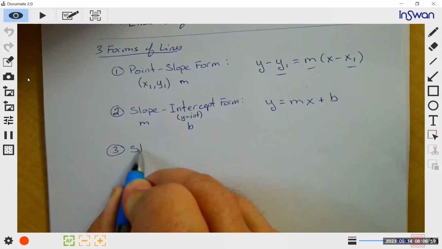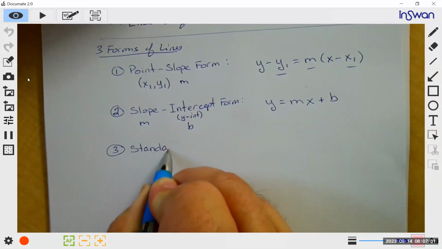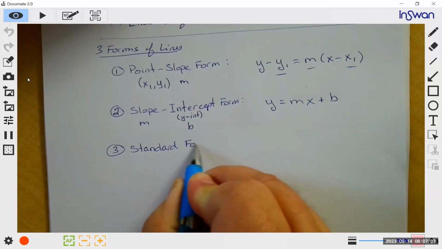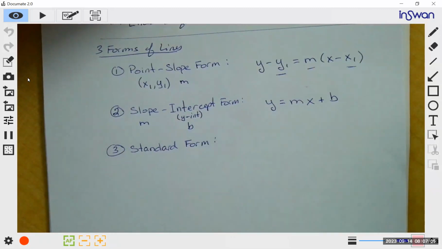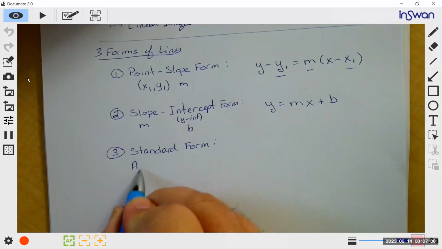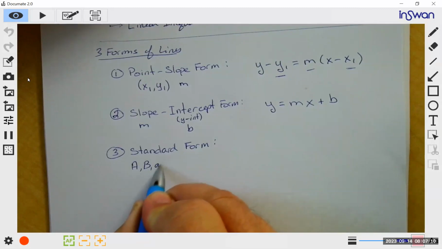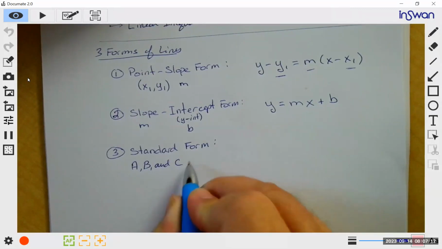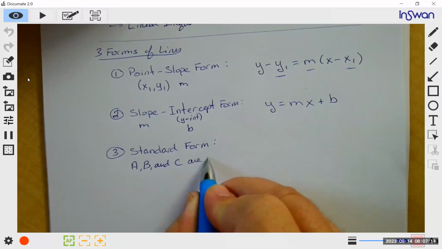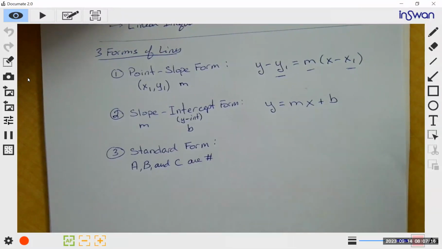Third is the standard form, where A, B, and C are numbers, real numbers.